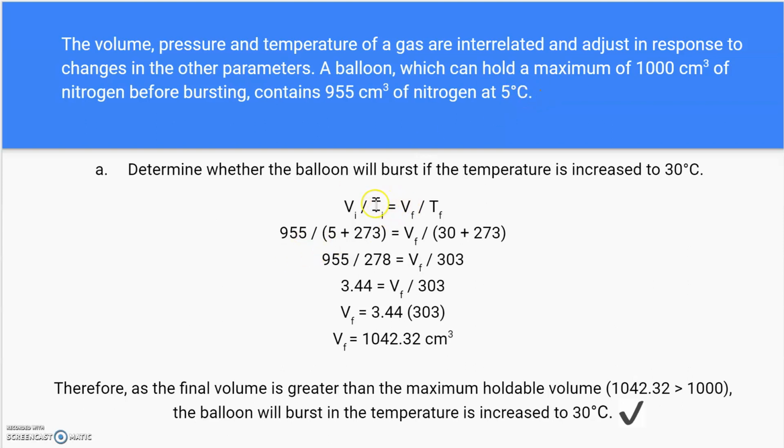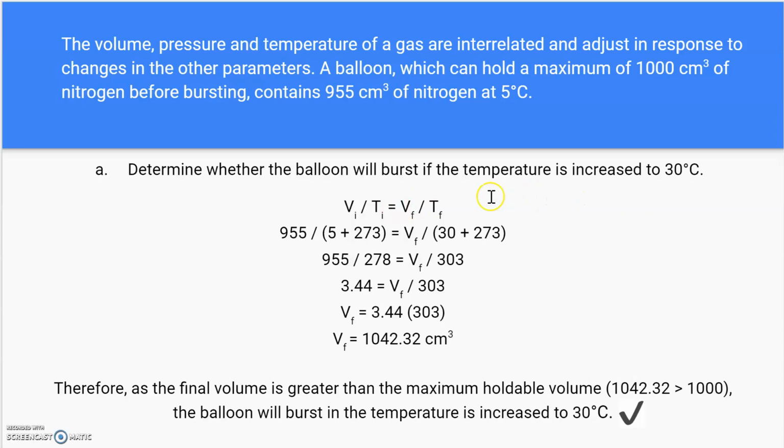So our initial temperature looks like 5 plus 273. That addition is our initial temperature in degrees Kelvin. So the left side of the equation looks like 955 divided by the quantity of 5 plus 273.